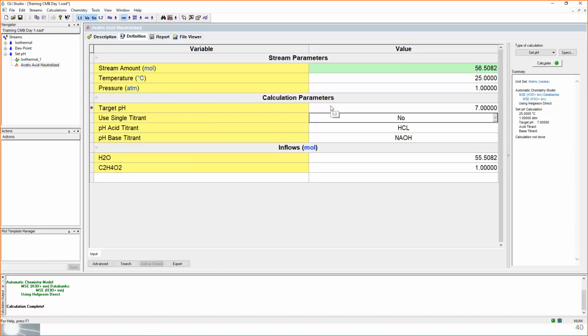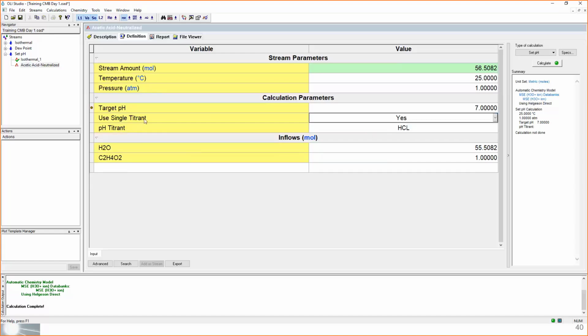Okay, then the software says use a single titrant. There are 2 options, no and yes. I prefer the no option, meaning that the software knows. Let me just show you the yes, so that I can explain it easier.